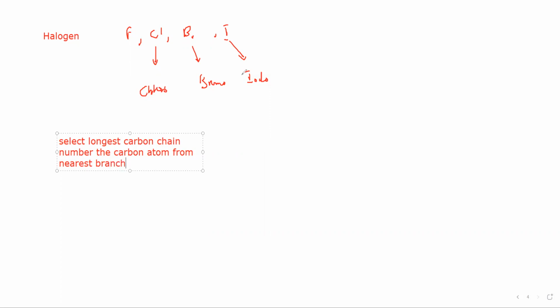So for example, we have a structure which consists of, say, 4 carbon atoms, and bromine is attached here.